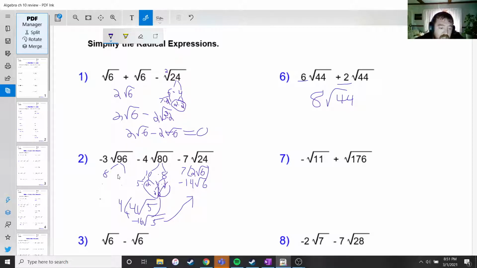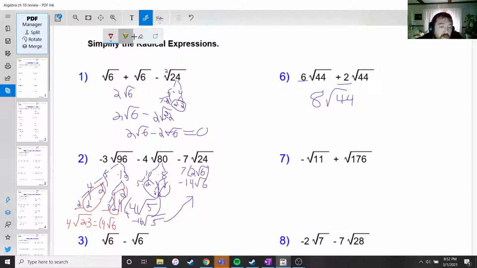We got 8 times 12. 8 breaks down to 4 times 2, 2 times 2. 12 is 6 times 2, 3 times 2. Circle groups. So we've got 1, 2. We got 1, 2. So we're left with a 2 and a 3. So 2 times 2 is 4, 2 times 3 equals 6. So this is 4 radical 6.